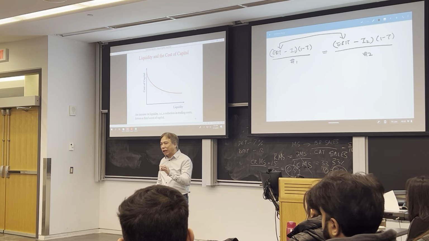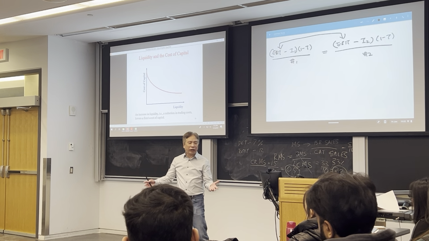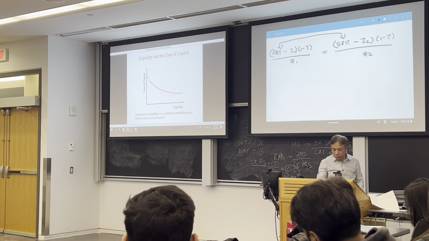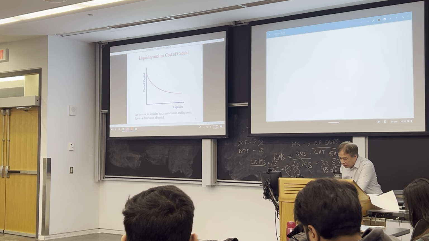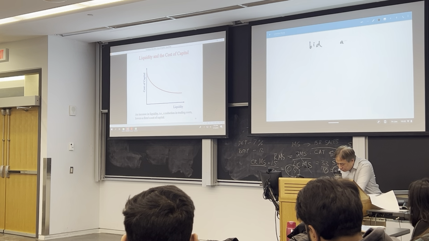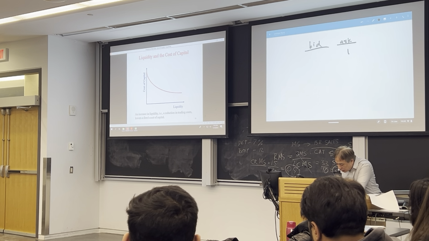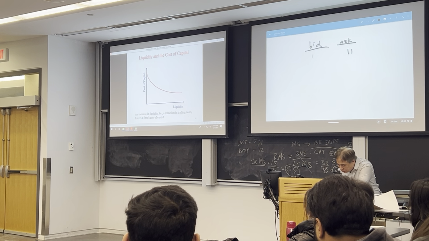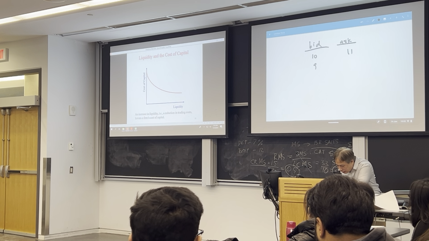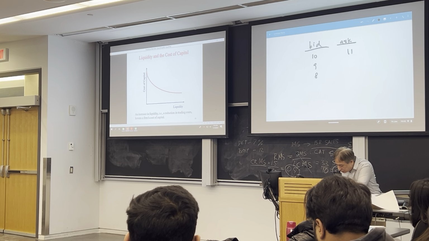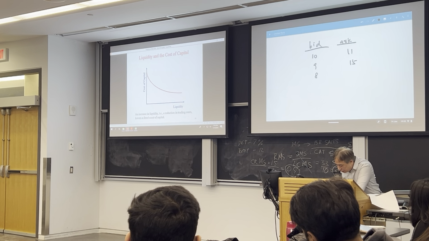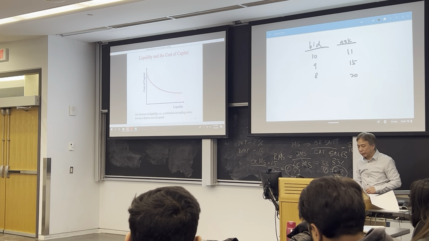All right? Now, for a liquid asset, let's say for example this is a bid-ask spread. I'll just use dollars to make it easy. On the bid side we have 8, 9 and 10.